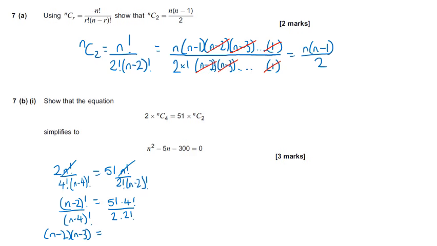And the rest of this, we've got 4 factorial, which is 24, divided by 4 on the bottom is 6. 6 times 51 is 306. So if we multiply everything out, we get n squared minus 5n plus 6 equals 306. And then if we move that constant across to the left, we get what we wanted.